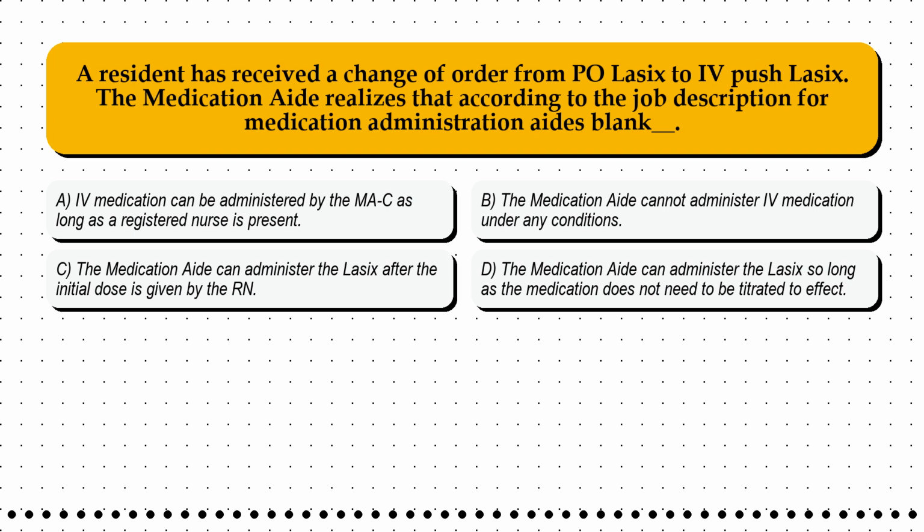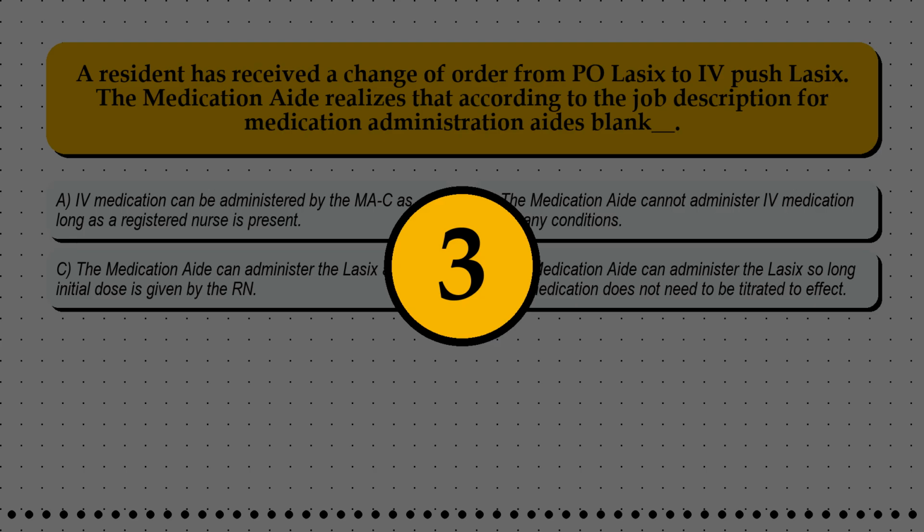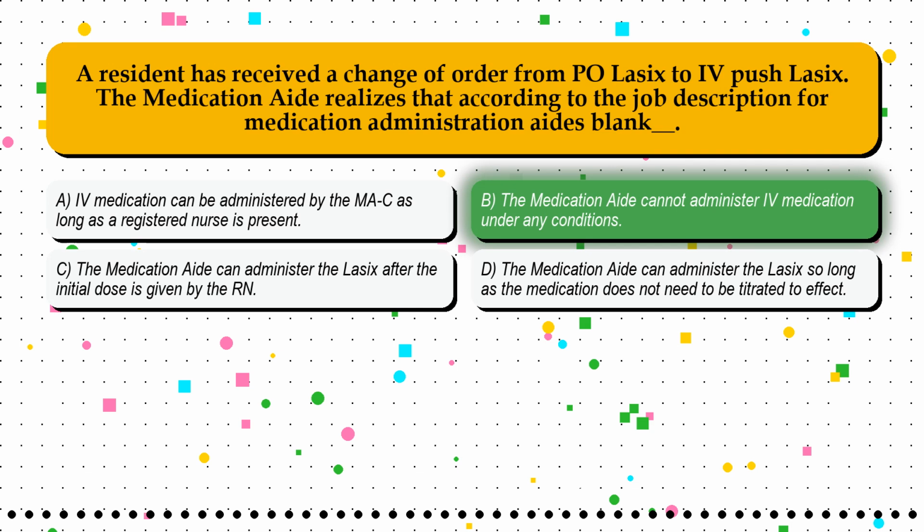Option C, the medication aide can administer the Lasix after the initial dose is given by the RN. Option D, the medication aide can administer the Lasix so long as the medication does not need to be titrated to effect. The correct answer is option B. The medication aide cannot administer 4 medication under any conditions.